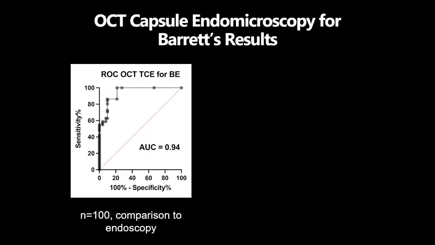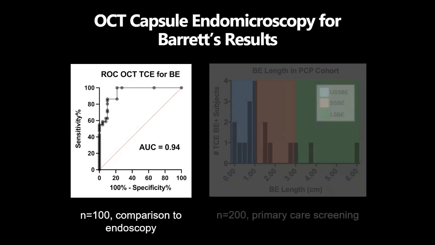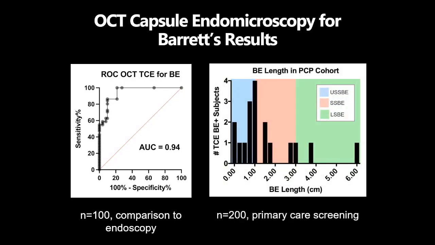We've shown by comparing our technology to endoscopic biopsy that the accuracy of OCT for detecting Barrett's is very high, with an area under the curve of 0.94. We've done primary care screening, and we have shown that the prevalence of Barrett's in the population is about 16 or 17%. That's crazy in the primary care setting, to have a prevalence that high.